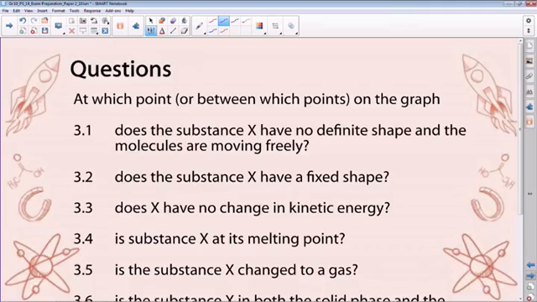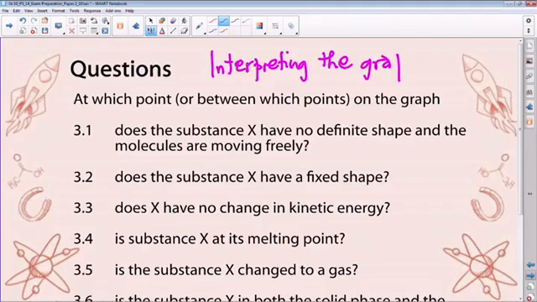It says here, at which points, we just have to use, in this case, we are interpreting the graph. Interpreting the graph, okay, which is a skill very, very critical in science, right? At which point or between which points? So this could be an interval between 2 points. It's an interval, and then a point is at a specific time.